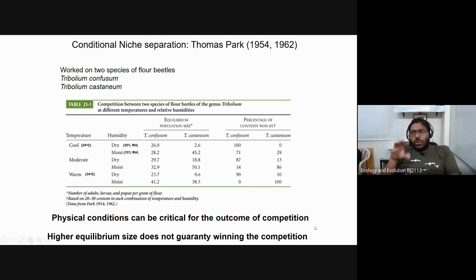Okay. So the essential point is, since the outcome of competition itself differs based on environment, therefore environmental heterogeneity can lead to a sort of partitioning. You live in that area, I live in this area, and this partitioning or this separation is what is called conditional niche separation. Okay. So that's pretty much it for this particular thing.